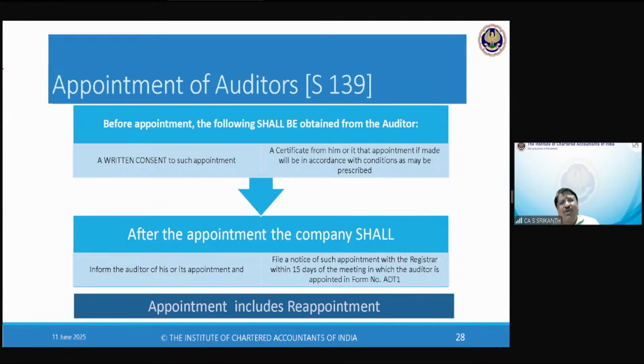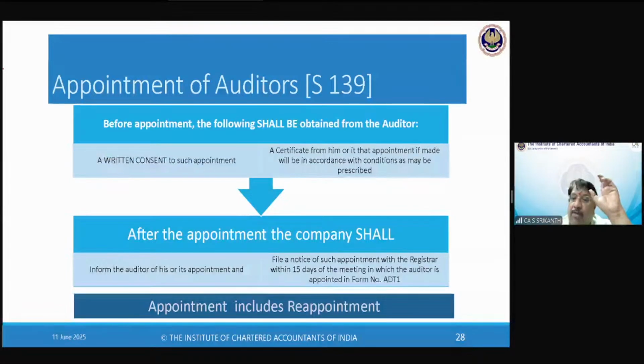Of course, once a preliminary review is done, these are all formalities. There is one group of people in my office who take care of all that. They will receive this mail, send the consent, get the appointment letter, and ensure that the notice of appointment is filed with the registrar within 15 days in form ADT-1. It is the duty of the company to file form ADT-1.